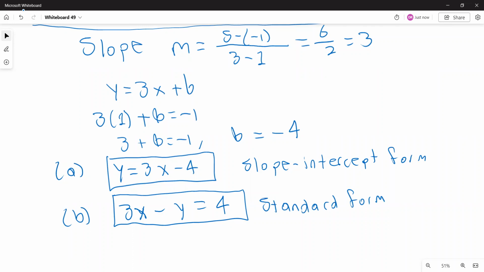Okay, next situation is to find an equation of the line from a graph.